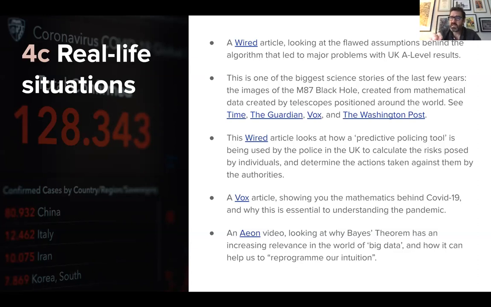It's sometimes seen as difficult to align mathematics with values and ethics. Values runs all the way through the TOK course. It's a big part of what we do. And here, I think is a really good story about how police in the UK, we're talking UK again, use mathematics, use an algorithm to try and calculate the risks posed by individuals, and sort of act almost before they've done anything wrong.